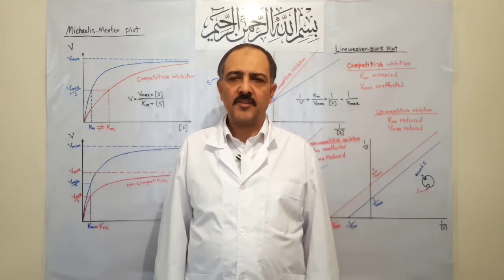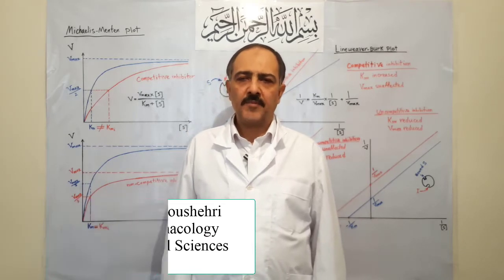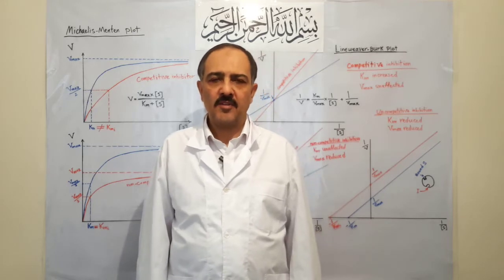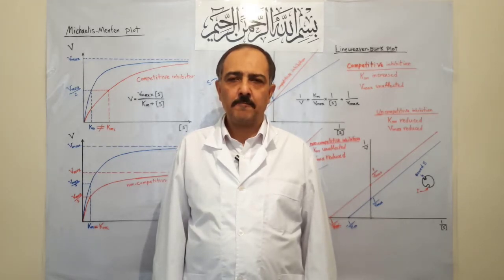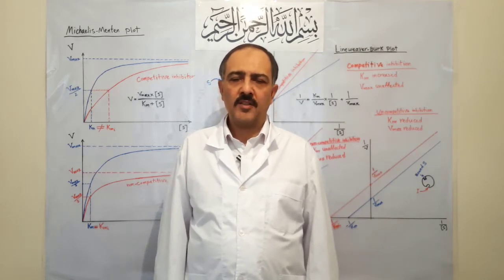As I mentioned in previous class, the rate of enzymatic reaction depends on substrate concentration, and the curve describes a hyperbola. At low substrate concentrations, the initial rate of enzymatic reaction increases rapidly and follows a first-order kinetic.